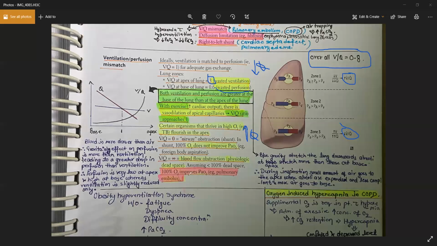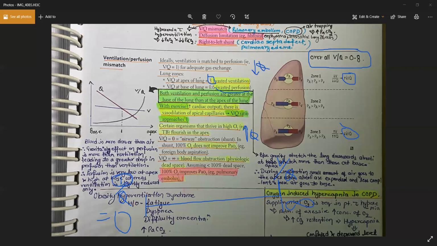Now you have two extreme conditions. One is when the VQ ratio is totally 0, and the second condition is when the VQ ratio is infinity. Now this VQ 0 will happen whenever you don't have ventilation.